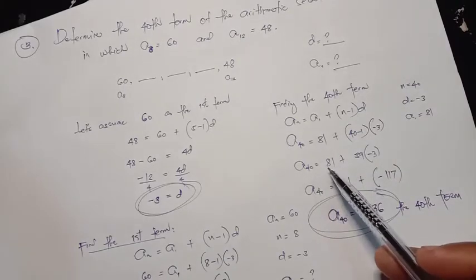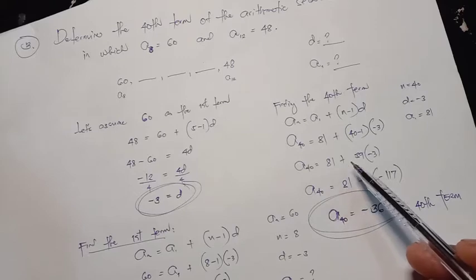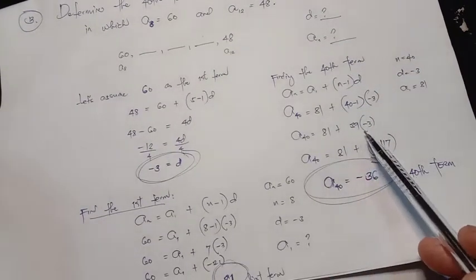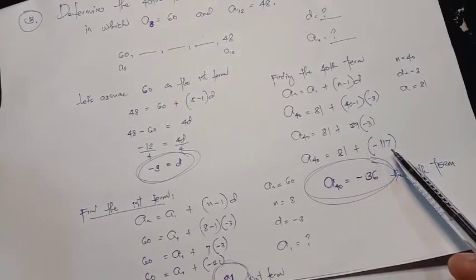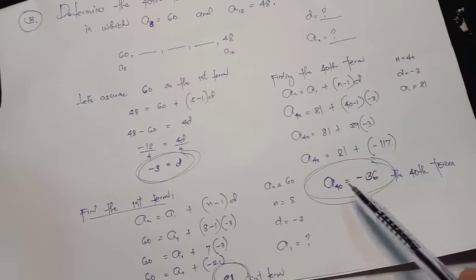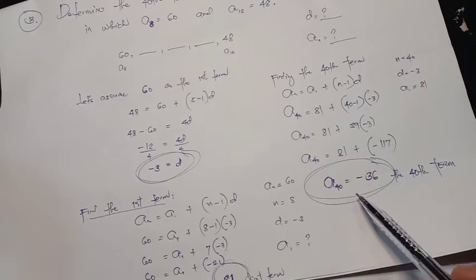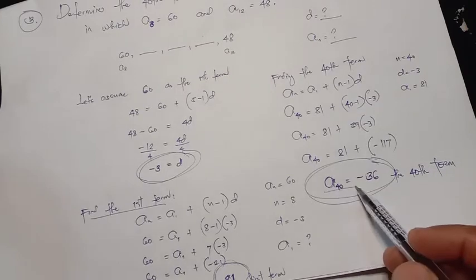A sub 40 is equals to 81 plus 39 times negative 3. 39 times negative 3 is negative 117 plus 81. That is now a sub 40, or the 40th term, is equals to negative 36. That is the 40th term.